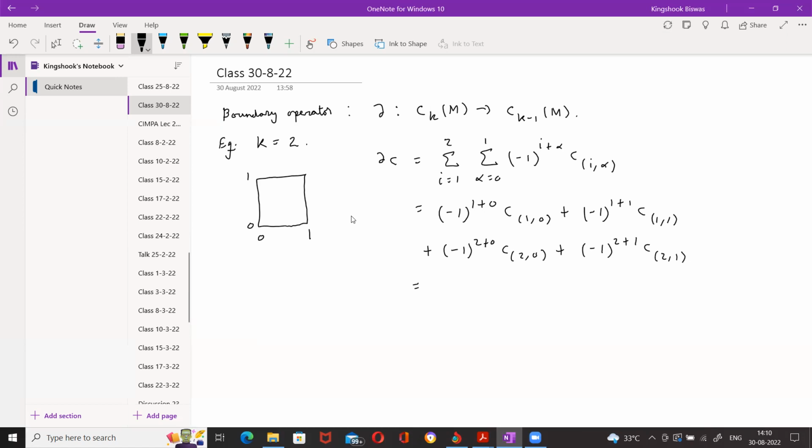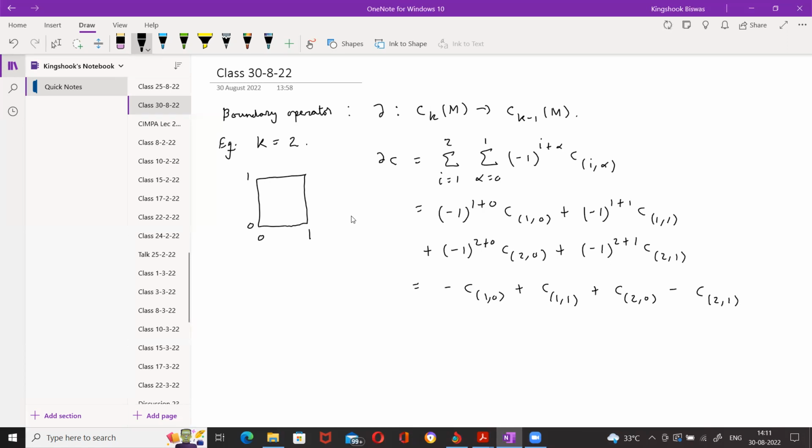Okay, so let me write this out. The first term is minus C10. The next term is plus C11, and then plus C20, and then minus C21.